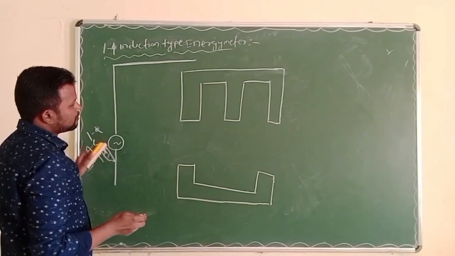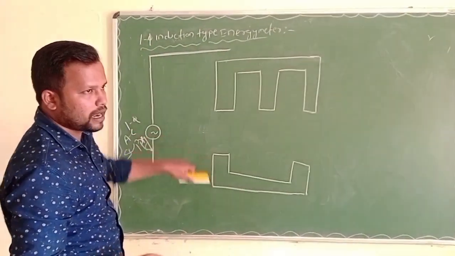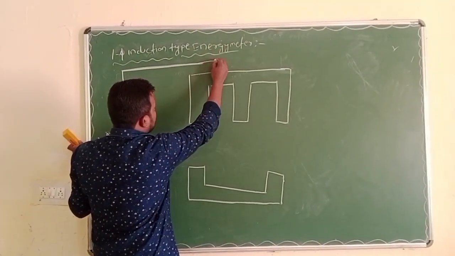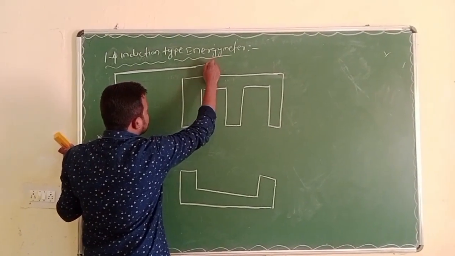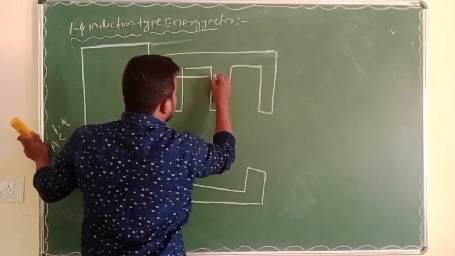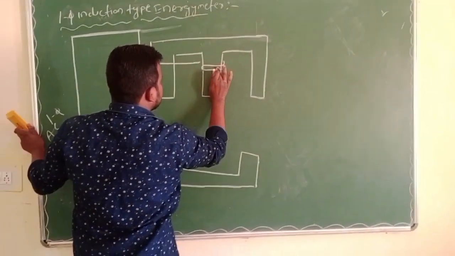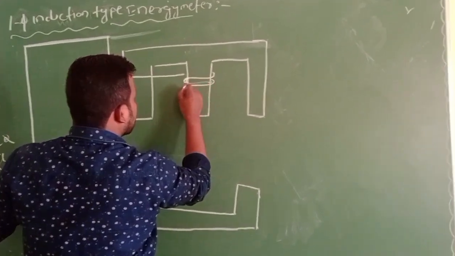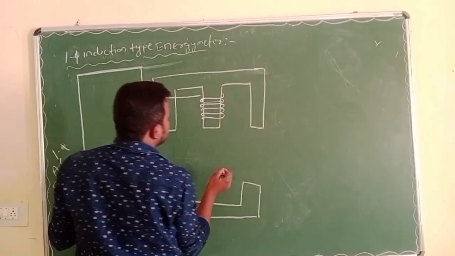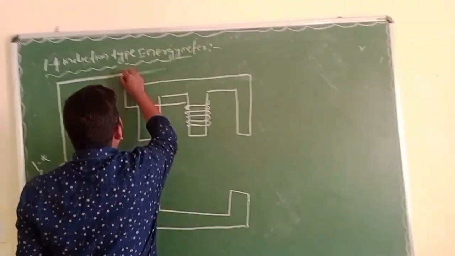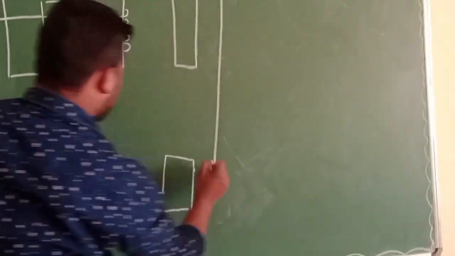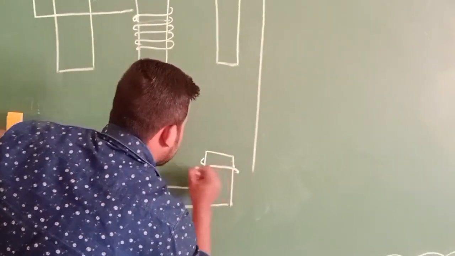We give the AC supply to the shunt magnet and the series magnet. First of all, we give the single phase supply to the shunt magnet. After that, we give the supply to the series magnet.